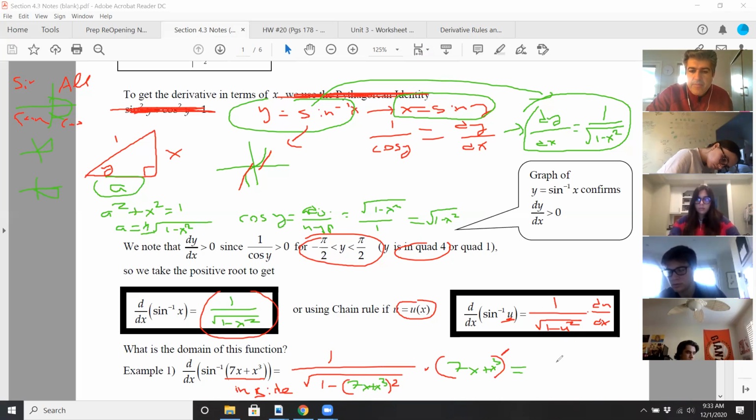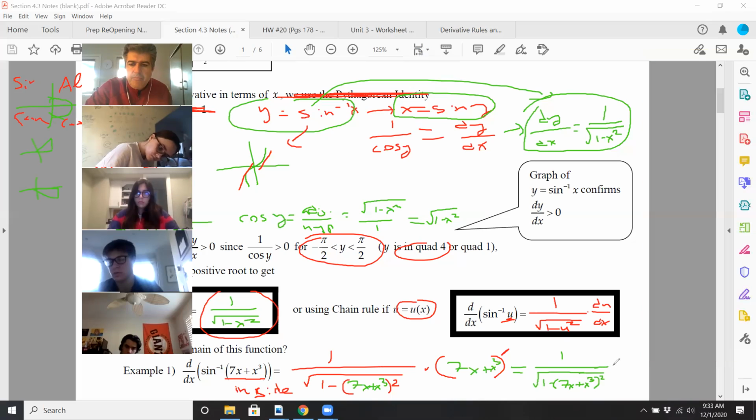So the final answer is 1 over root 1 minus (7x plus x cubed) squared, times 7 plus 3x squared.